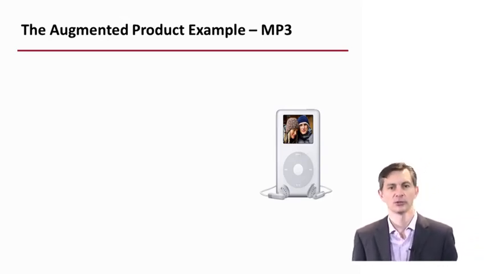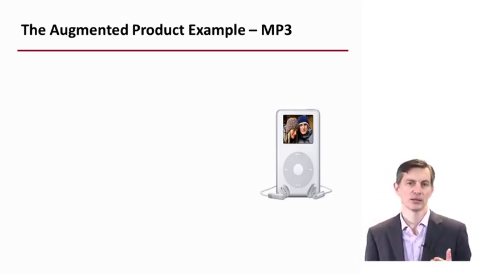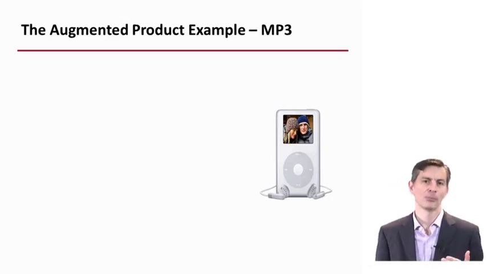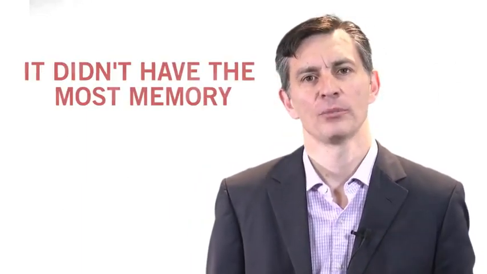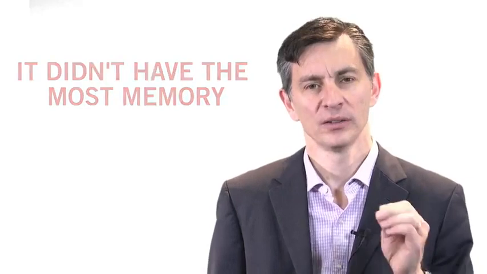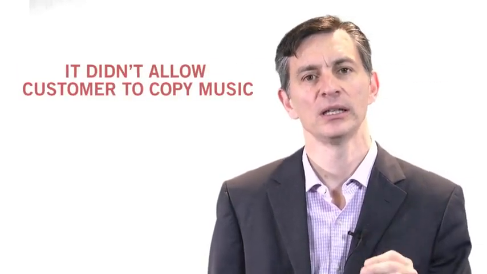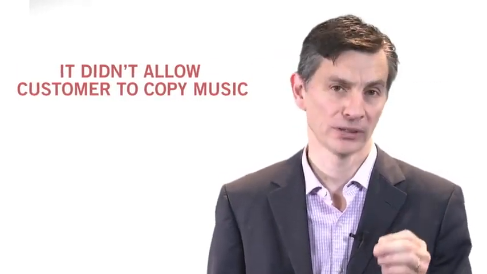The iPod was introduced when Steve Jobs came back to Apple after Apple acquired his following company called NeXT. It neither was the first MP3 player into the market, and at its core, the iPod was not the one with the most memory, and worst of all, did not allow you to actually illegally download or copy music because Apple had set up their own format for listening and distributing music.